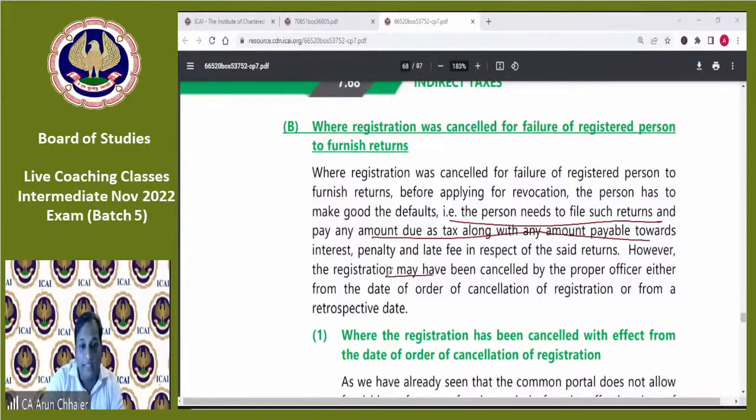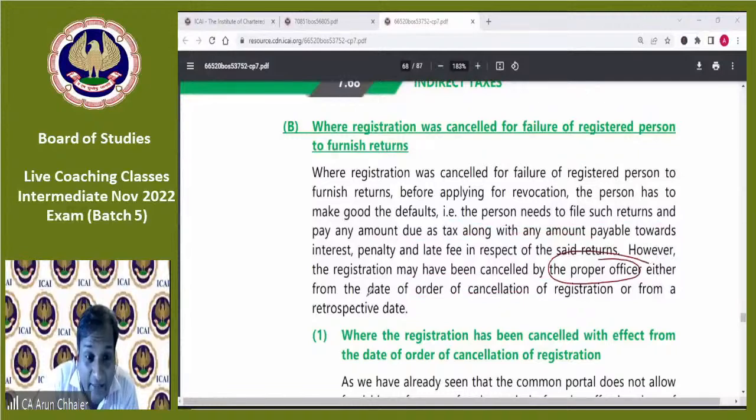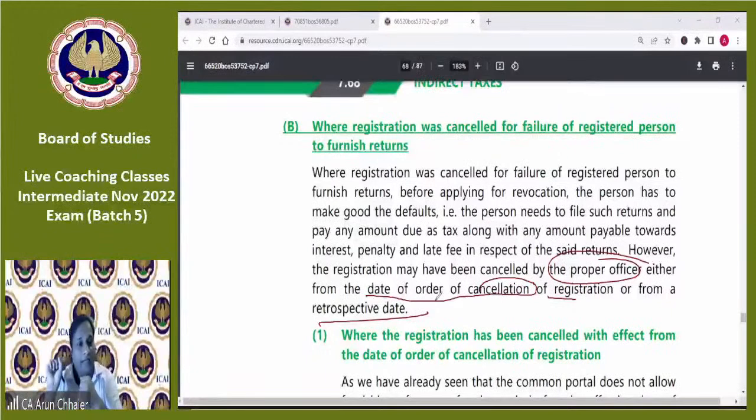However, the registration may be cancelled either from the date of the order. Now, this is very, very important. The officer can issue the cancellation order on the current date and cancel the registration from the current date.